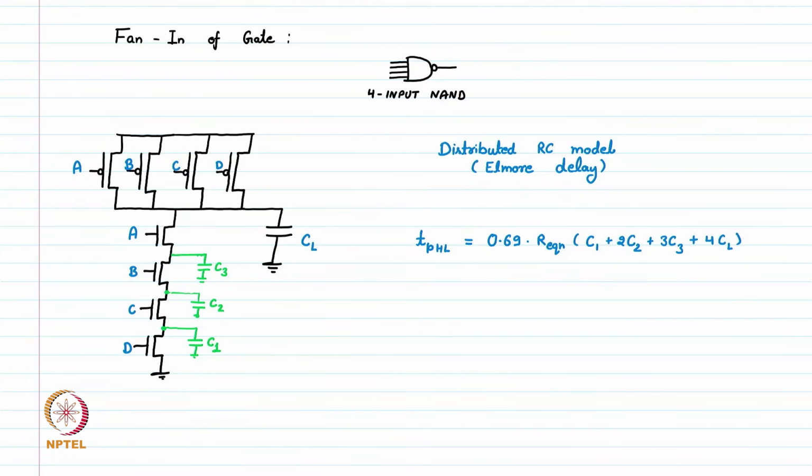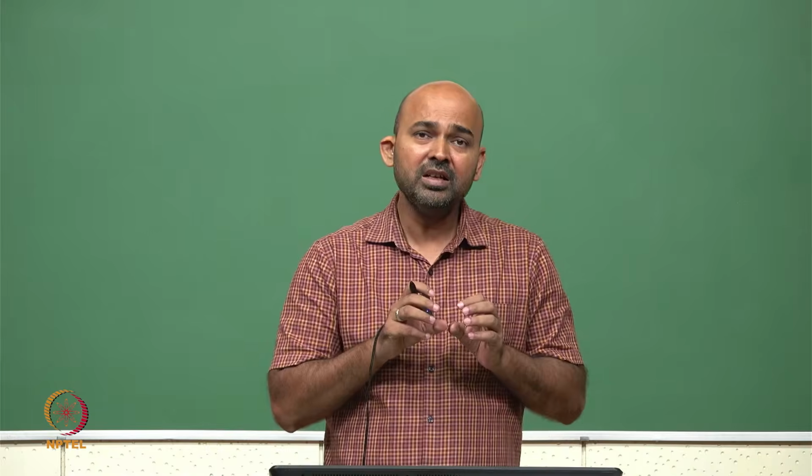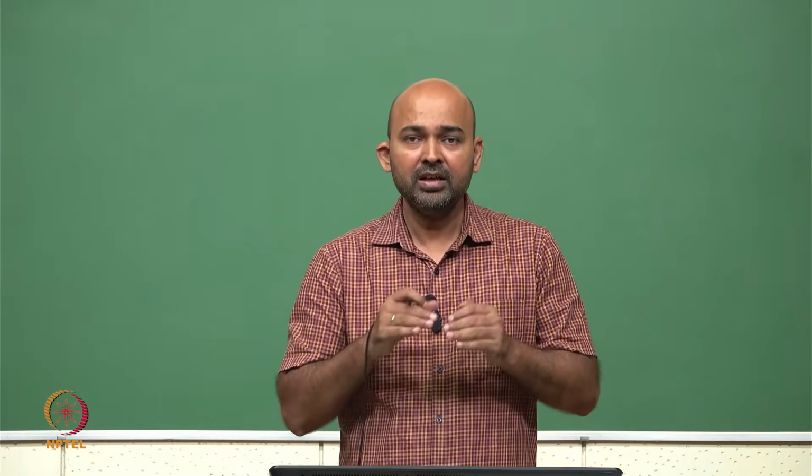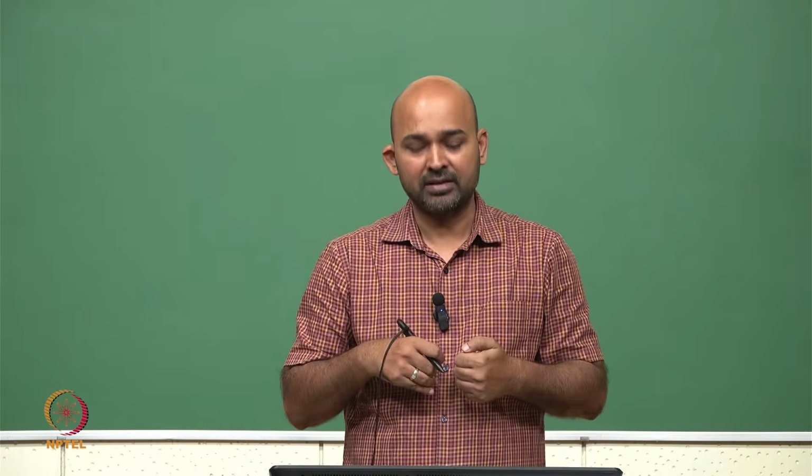So this is the equation for the delay of this circuit, and this is called the Elmore delay of the circuit, and we can easily write C1 plus twice C2 plus 3C3 plus 4C4, or 4CL in this case. So we can see very clearly that the propagation delay TPHL degrades very rapidly if we have more stacking.